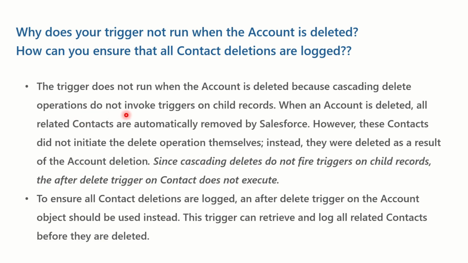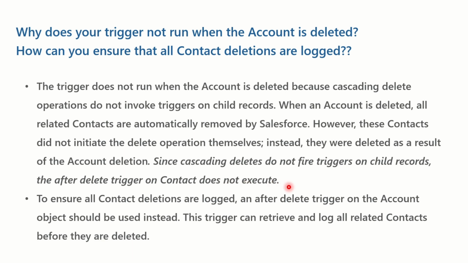Whenever your account is deleted, all related contacts are going to get deleted, but these contacts do not initiate a delete operation by themselves. They were deleted as a result of account deletion. So the cascading deletes do not fire triggers on child records. The after trigger on the contact does not execute. That's why it does not execute.